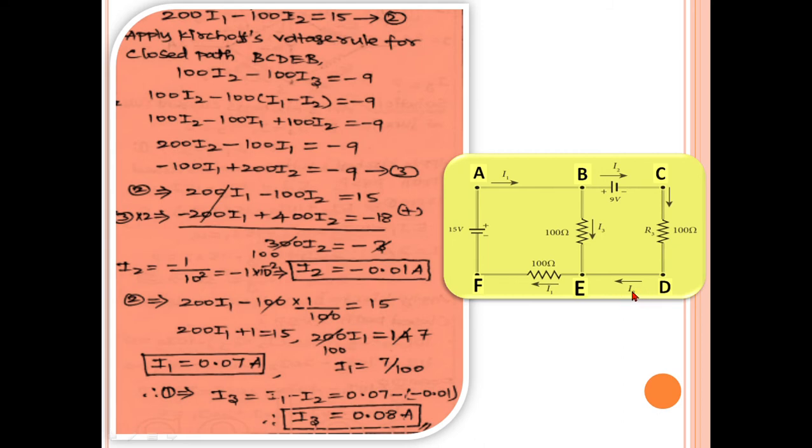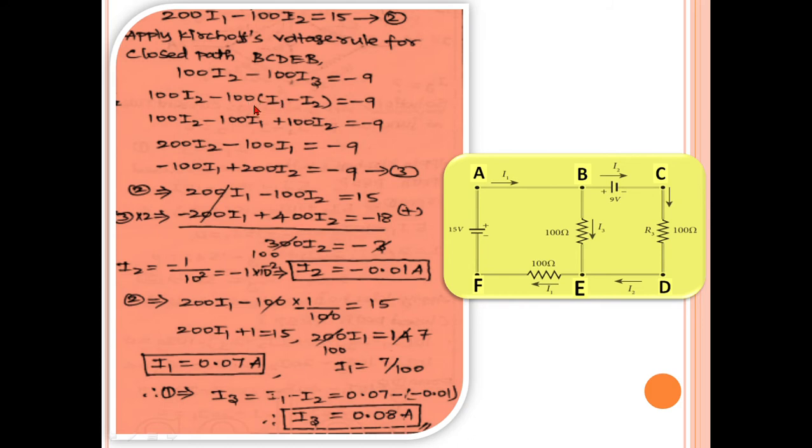I2 is in the clockwise direction, so it is positive, but I3 is acting in the anti-clockwise direction, so it is negative. The equation is 100 I2 minus 100 I3 is equal to minus 9, because the EMF is in the opposite direction. Substituting I3 equal to I1 minus I2.